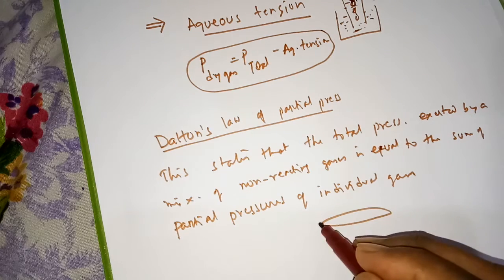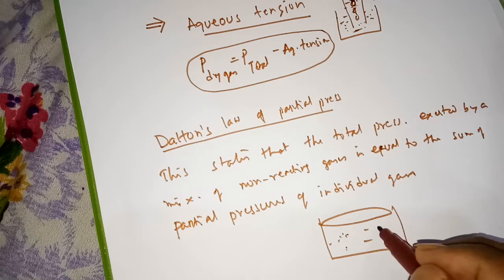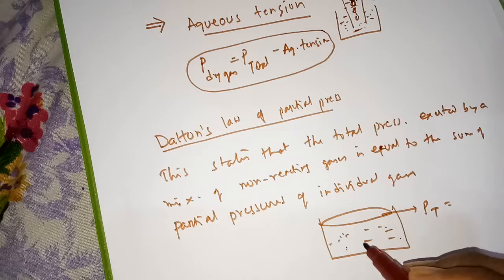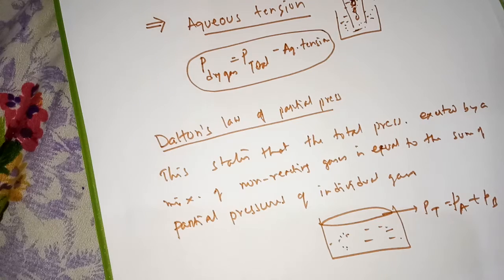For example, in a container, the total pressure exerted by gas A plus gas B is P total. Then this P total is equal to the sum of PA plus PB, the partial pressure of A and partial pressure of B. This is what is called Dalton's law.